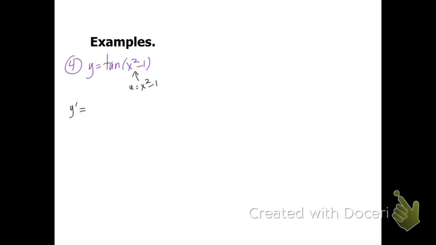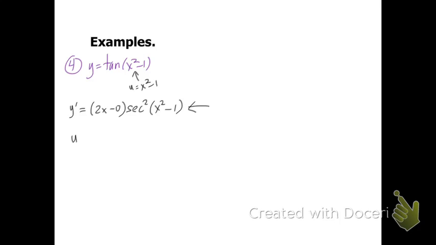My rule says find u prime. What is u prime? The derivative of x squared minus 1. So what's the derivative? 2x minus 0 in this case. The derivative of 1 is 0. It's a constant. I multiply it by the secant square of u. So I just copy u, x squared minus 1.